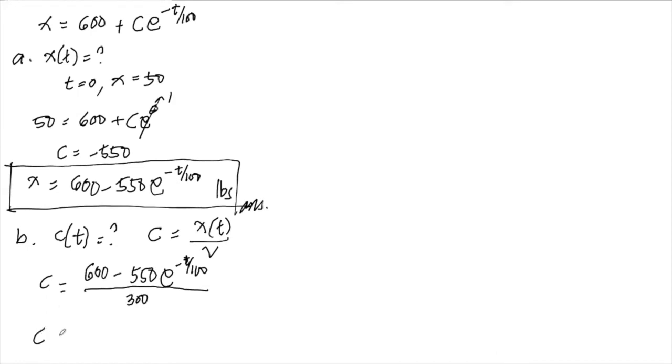Therefore, c as a function of t is equal to 600 divided by 300 is 2, minus 550 divided by 300. And simplify natin to. This is, paki-check nga, 11 over 6 ba?